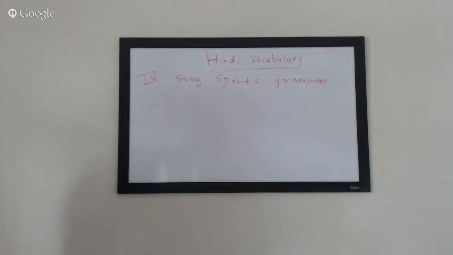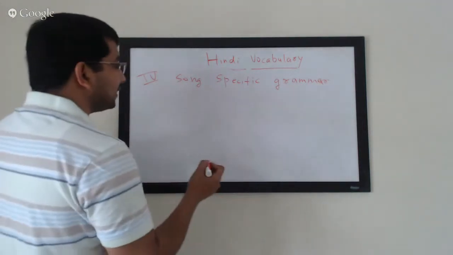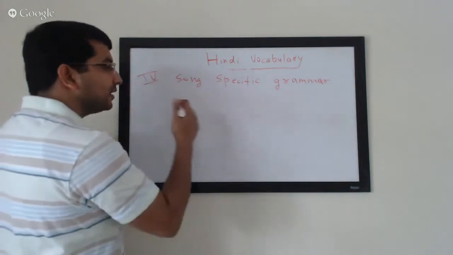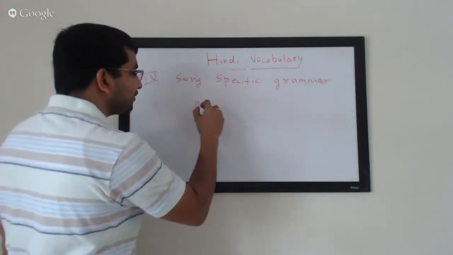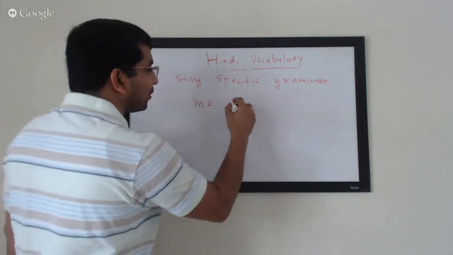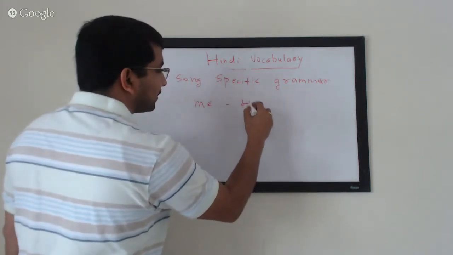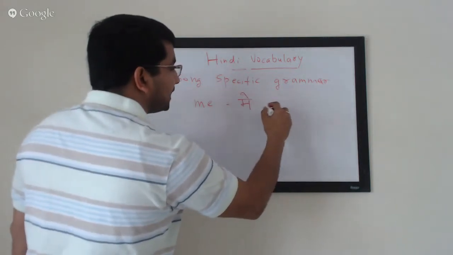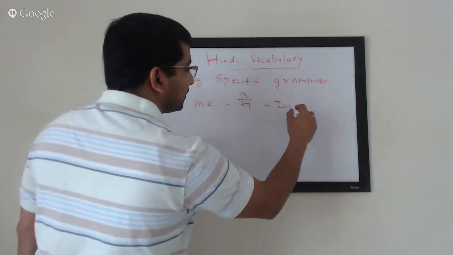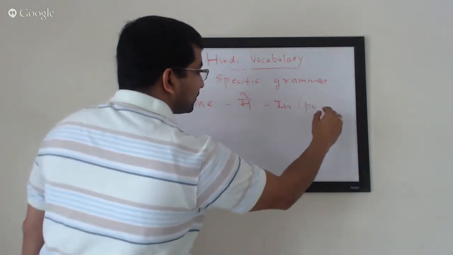Right. So if you again go back to the lyrics, I posted a link of the lyrics as well. You will see the usage of this postposition quite a lot. मैं, I mean में, is the postposition.